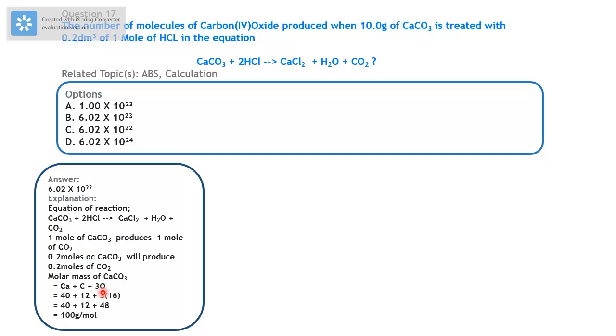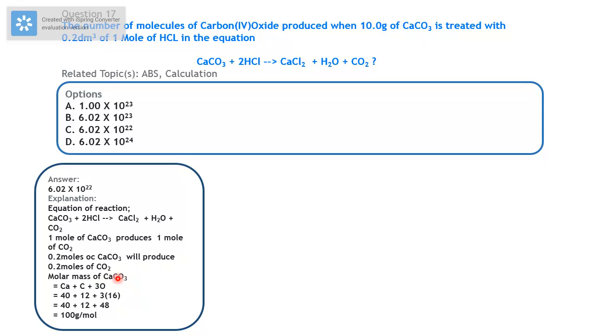Now what we want to do is calculate the molar mass of calcium carbonate. The molar mass is the mass of 1 mole of calcium carbonate. In calcium carbonate we have calcium, plus carbon, plus 3 of oxygen.